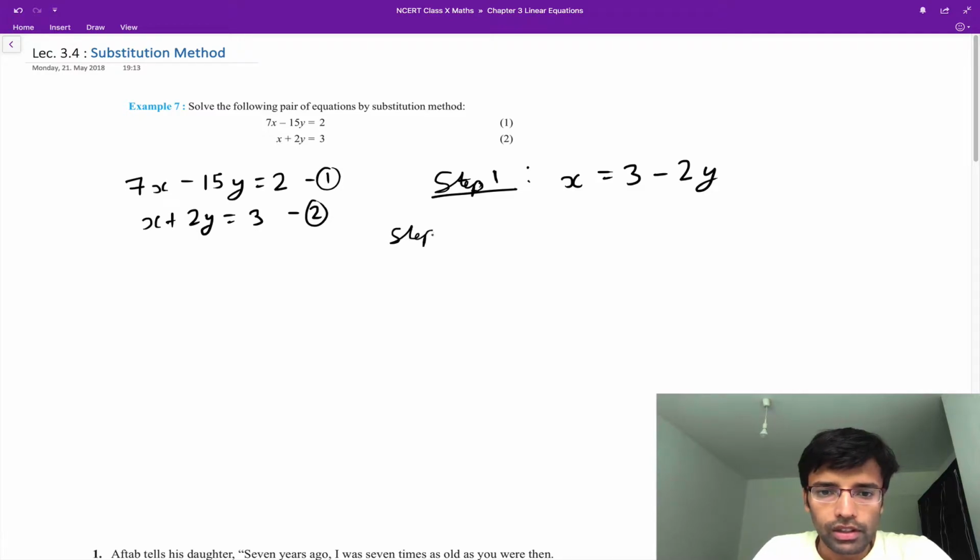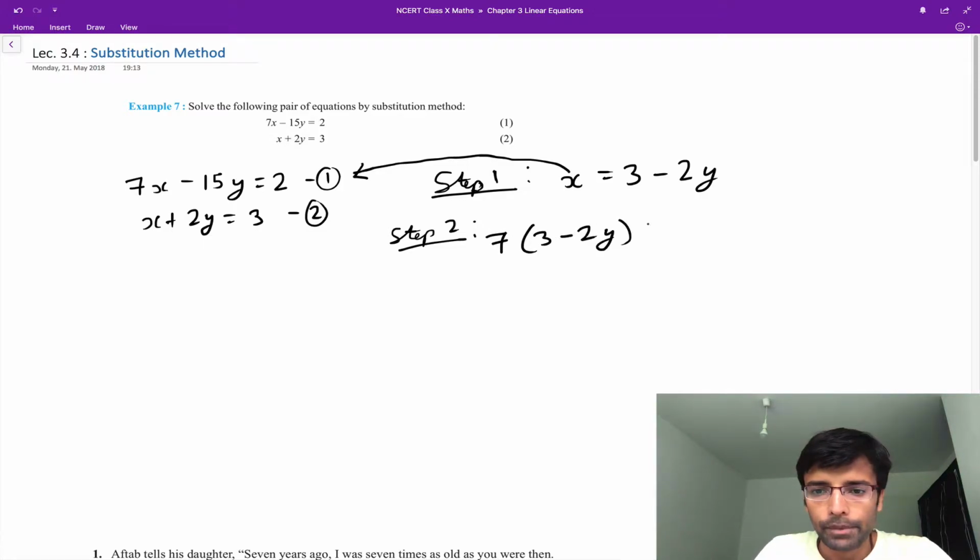Now in step 2, you just substitute x in the other equation. You represented one variable in terms of the other, now you just substitute it in the other equation. So 7 times (3 minus 2y), and we have minus 15y.